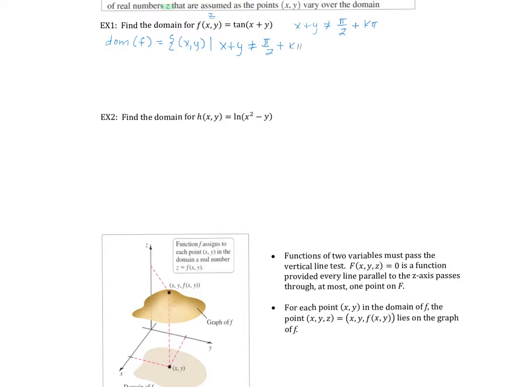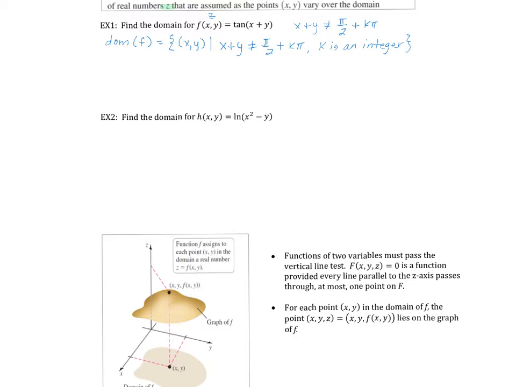So any k pi multiples of pi over 2. But whenever I introduce a new variable, I need to say what it is. So here, k is any integer. So I'm going to write k is an integer, and then close my set braces. So that is my set, which is the domain.